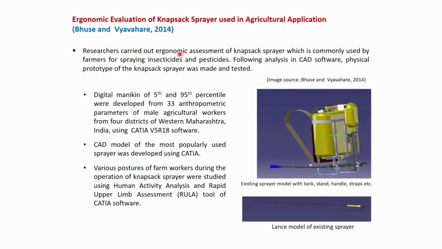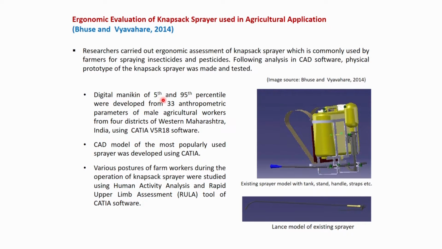Researchers carried out ergonomic assessment of the knapsack sprayer, which is commonly used by farmers for spraying insecticide and pesticide. Following analysis in CAD software, a physical prototype of the knapsack sprayer was made and tested. So they not only evaluated in a virtual environment, they also made the actual prototype, and that was tested.